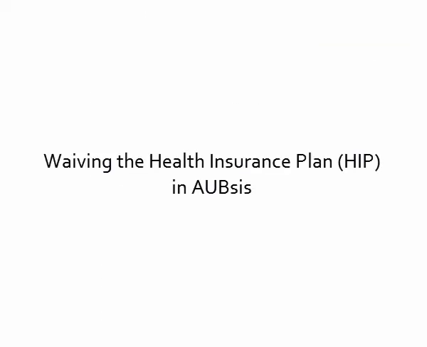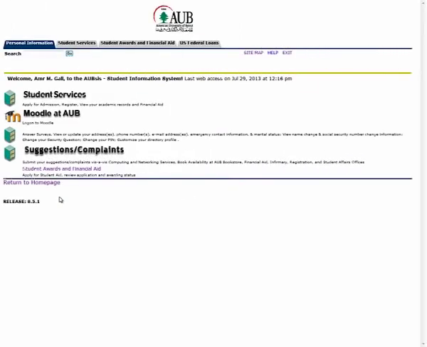Waiving the health insurance plan, HIP, on AUBsis. Enrollment in the AUB health insurance plan, also known as HIP, is mandatory for all students who have registered for at least 6 credits in a semester. HIP coverage is automatically billed to your student account each semester after you've registered for the minimum number of course credits.